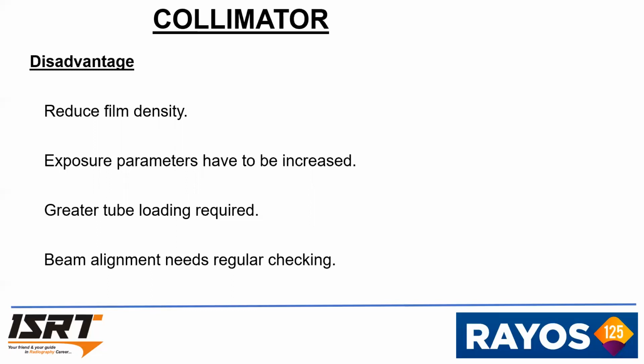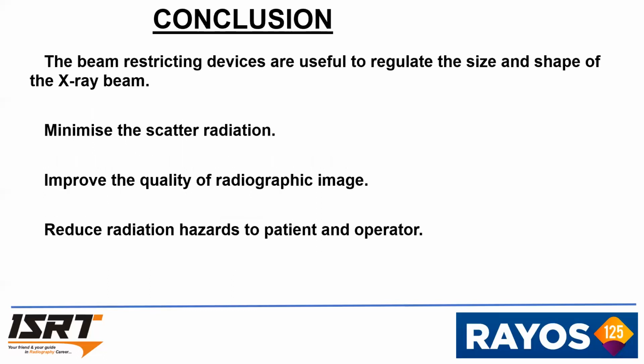But I don't think that is a major disadvantage of the collimator. The next point is that beam alignment needs regular checking. We need to check the beam alignment regularly, otherwise it may be off center from the region of interest.